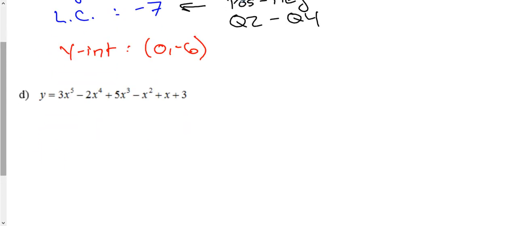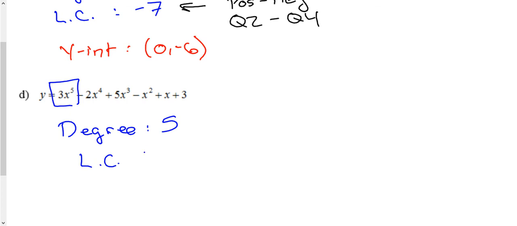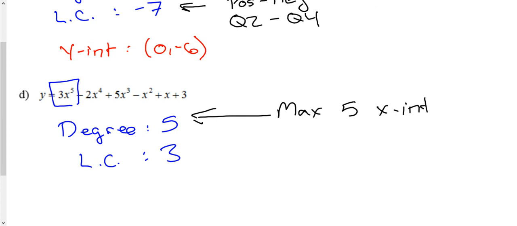On this very last one here, again, hunt down the largest exponent right here. So we have degree 5. Leading coefficient is 3. So you have potential of max 5 x-intercepts. You have a leading coefficient of 3, meaning that's a positive number.